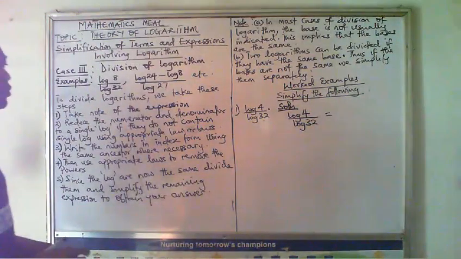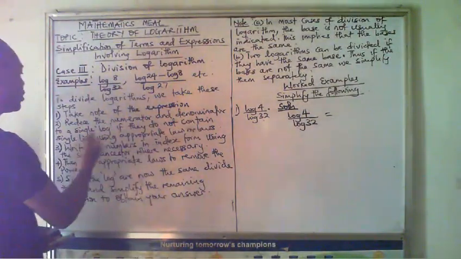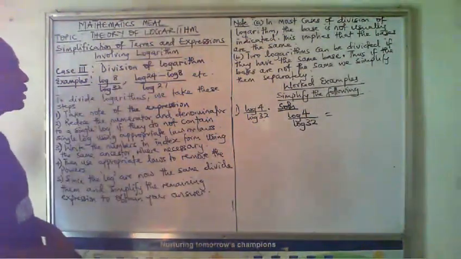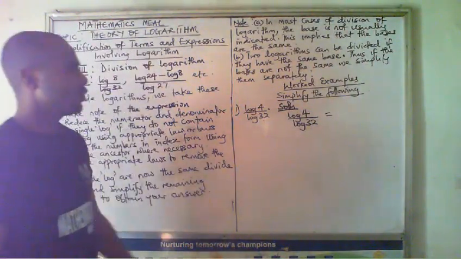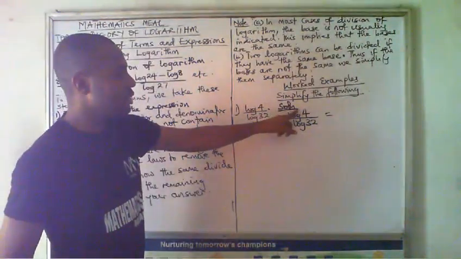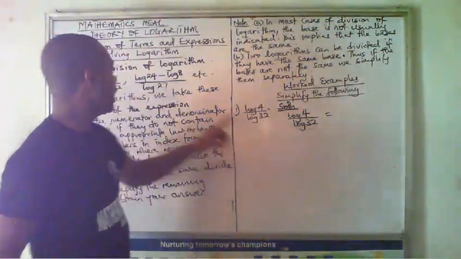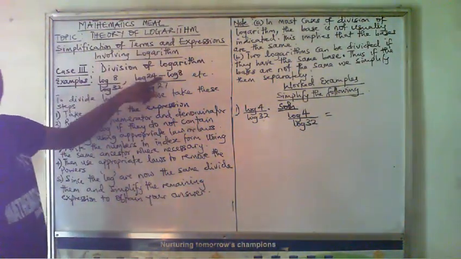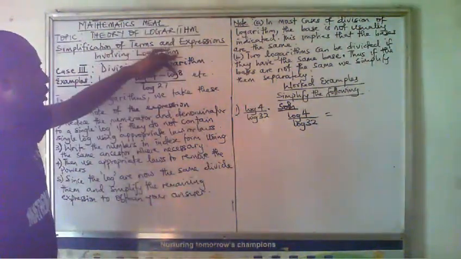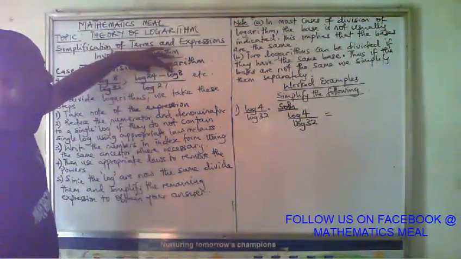They say reduce the numerator and the denominator to a single log if they do not contain a single log, using appropriate log laws. This is a single log, this is a single log. So if it does not contain a single log, we reduce it to a single log. Likewise, we would apply this second step if we don't have a single log here, and what we have is 2 logs.